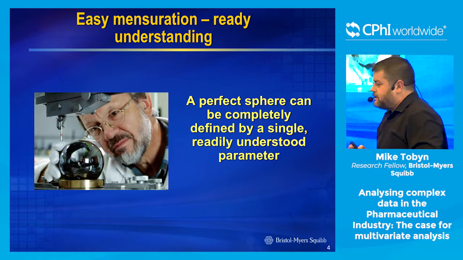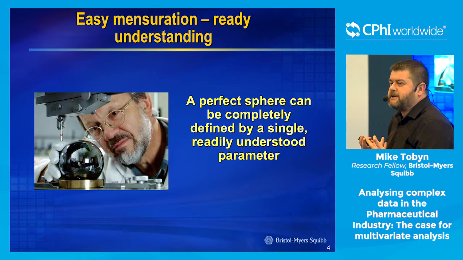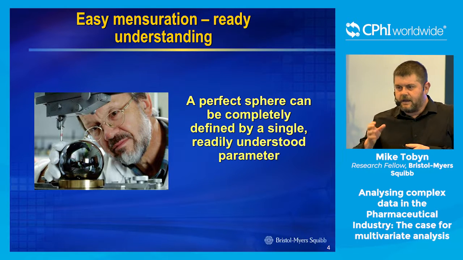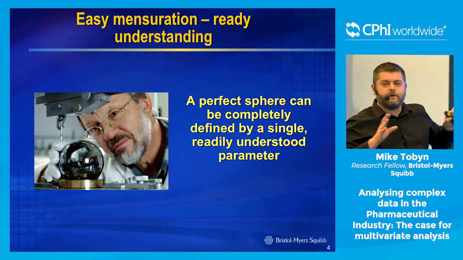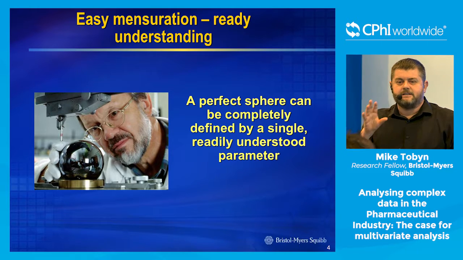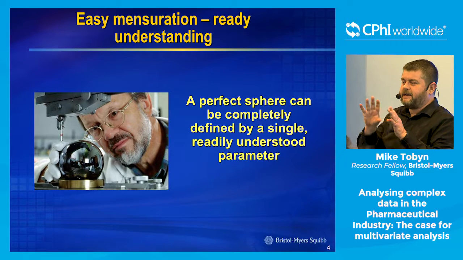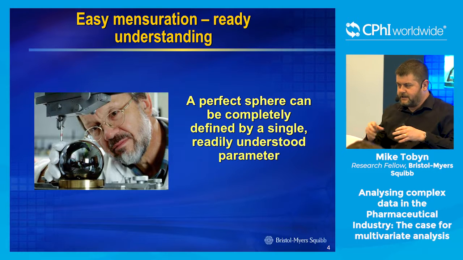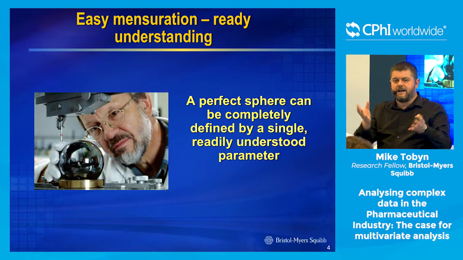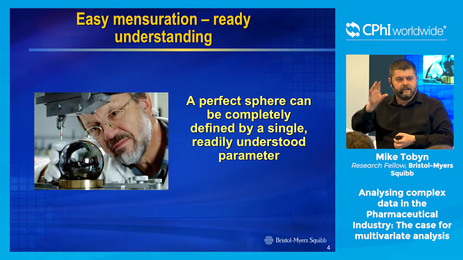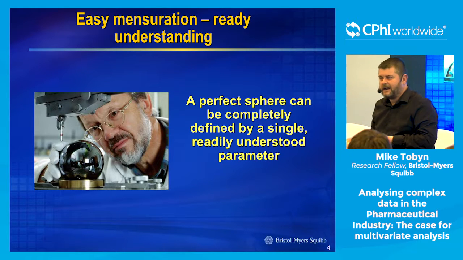Okay. So if you're a pharmaceutical materials scientist, that is the world's most perfect sphere. That guy in that picture has spent his entire career trying to manufacture the world's most perfect sphere. It's the most perfect round thing on Earth.